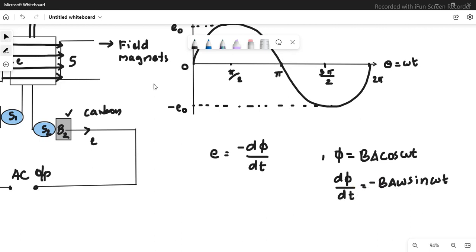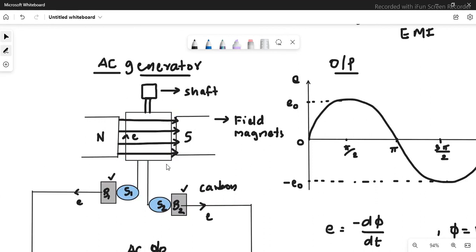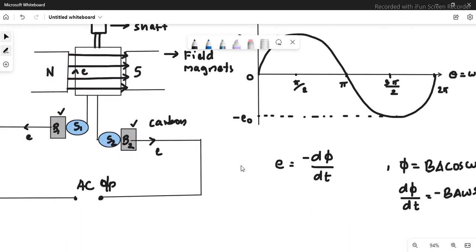As I have said, the armature coil has not only one turn, but capital N number of turns, that is, so many turns.